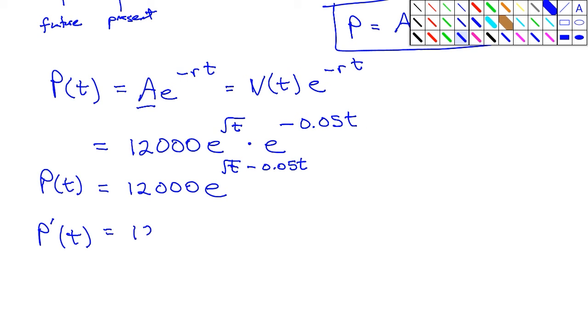So 12,000 times e, the derivative of this is just the same function, times the derivative of the exponent. So the derivative of the square root of t is 1 over 2 square roots of t, minus the derivative of 0.05 t is just 0.05.